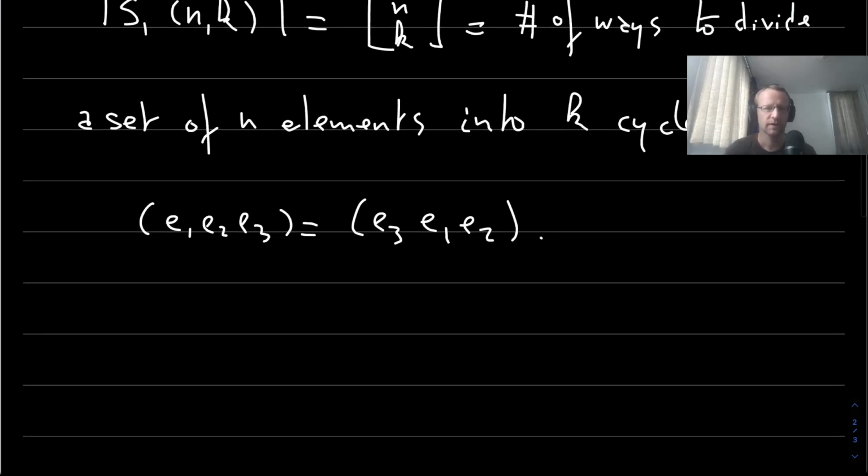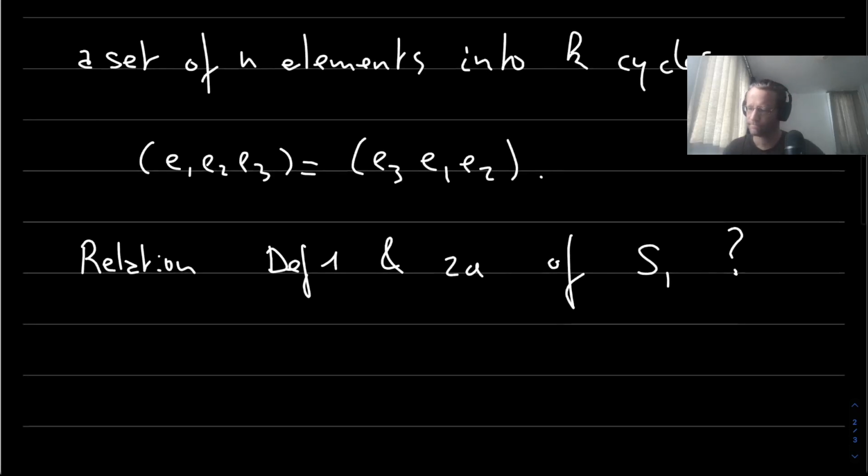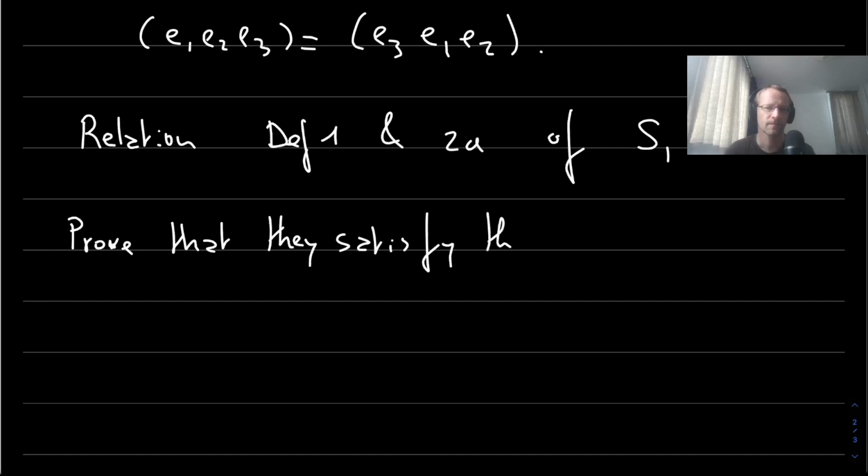Very good. And then we can ask, what is the relation between definition 1 and definition 2 of the first Stirling numbers? We'll just prove that they satisfy the same recursion relation, and from there, we could prove that they are the same.